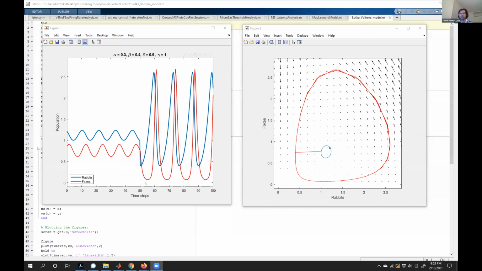It says you have disabled participant screen sharing. Yeah, one sec. Okay, so you're going to show a MATLAB Lotka-Volterra system? Yeah. Can you see it? Yeah.